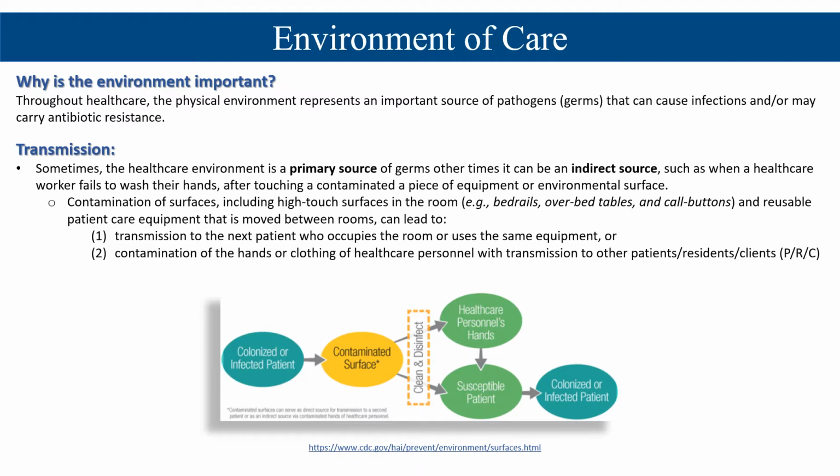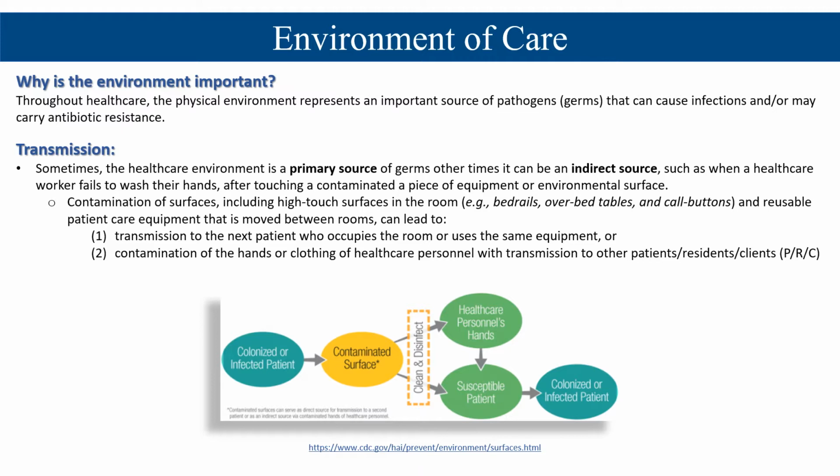An example can be when you have a contaminated surface or piece of equipment, and it is handled by the hands of a healthcare worker who fails to wash their hands appropriately and then may touch a subsequent patient, resident, or client, or may touch a subsequent environmental surface and leave that germ or pathogen on that next surface or individual.